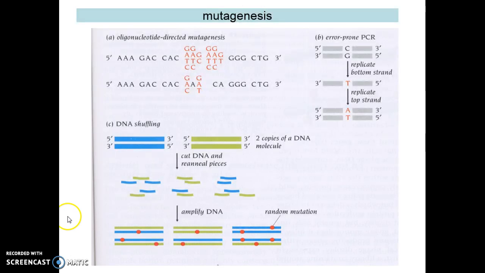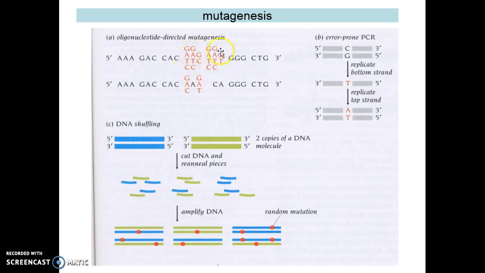Here, we're going to see some techniques to produce random mutagenesis. In A, oligonucleotide can be synthesized to contain a mixture of nucleotides at two codons, in red.